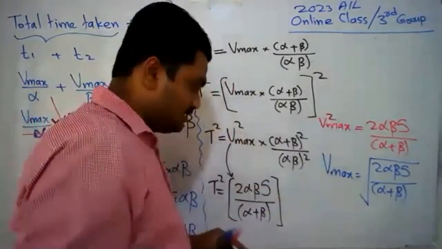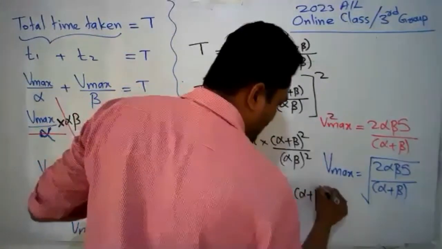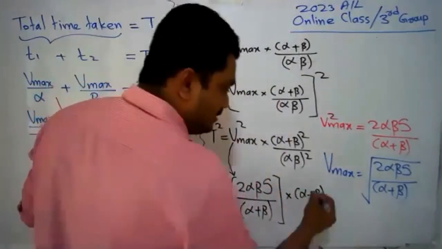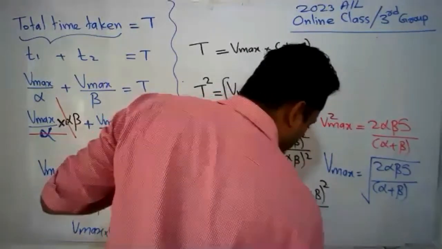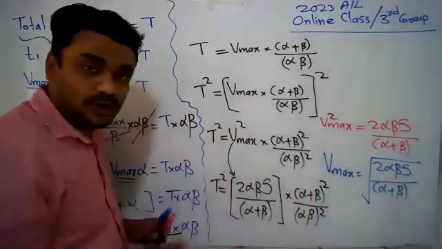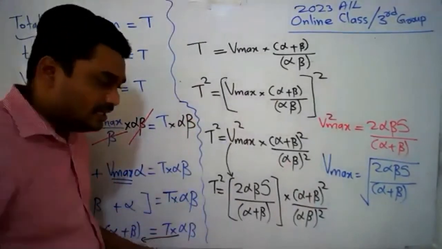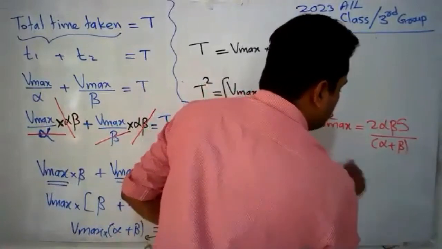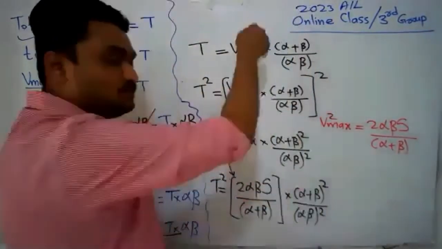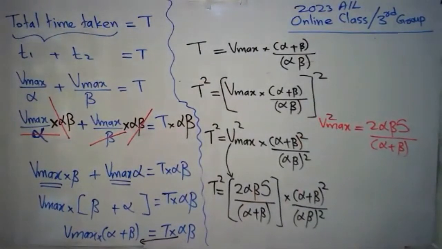The remaining terms are alpha plus beta square divided by alpha beta square. Got it? So please write these two steps. Within 2 steps we can get the answer. Write it quick.